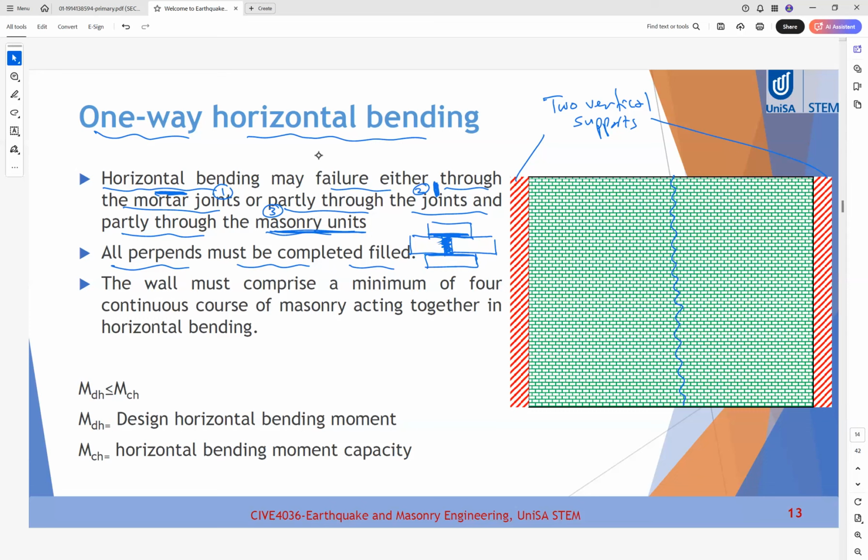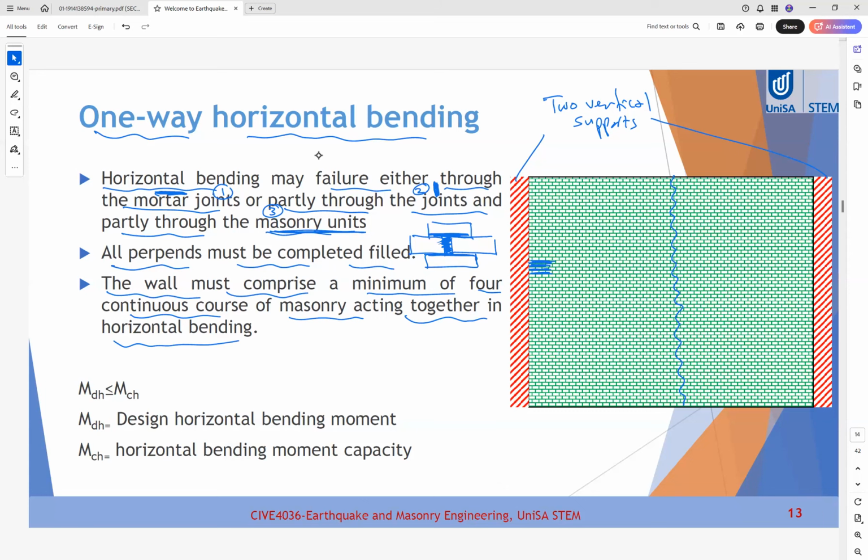In this type of wall, you cannot have partially filled or unfilled joints. The wall must also comprise a minimum of 4 continuous courses of masonry acting together in horizontal bending.